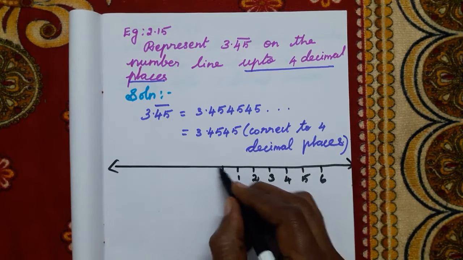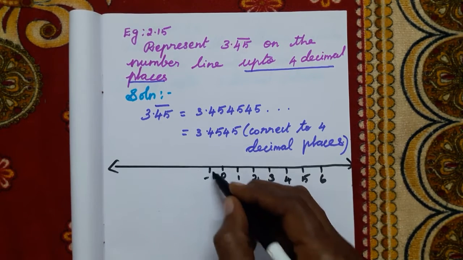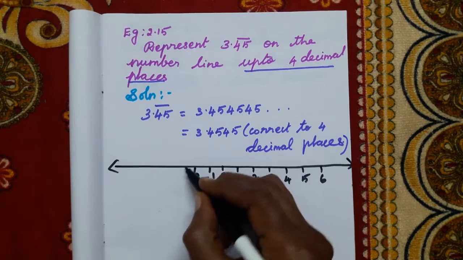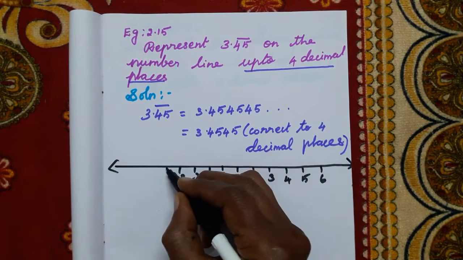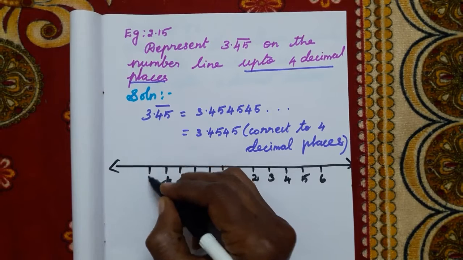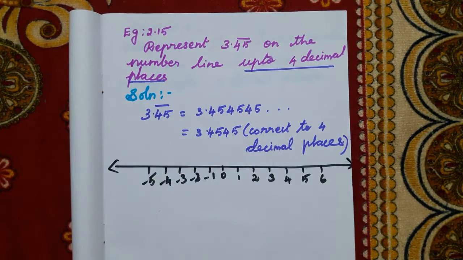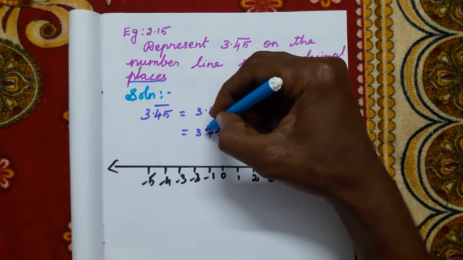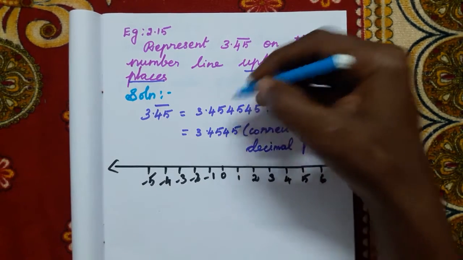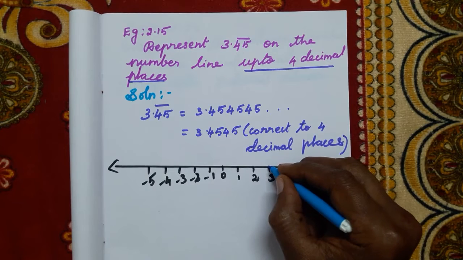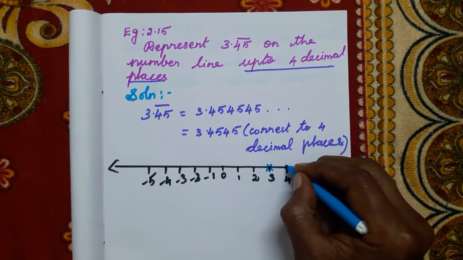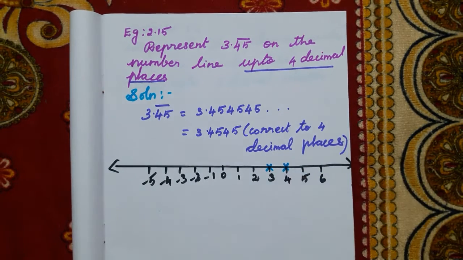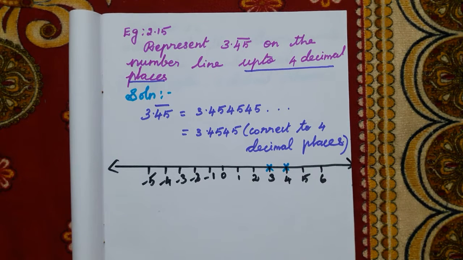On the left hand side, before 0, minus 1, minus 2, minus 3, minus 4, minus 5. Now check this number, 3.45 bar. 3.4545 is between 3 and 4. So we have to mark 3 and 4.